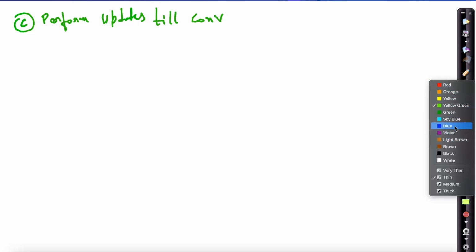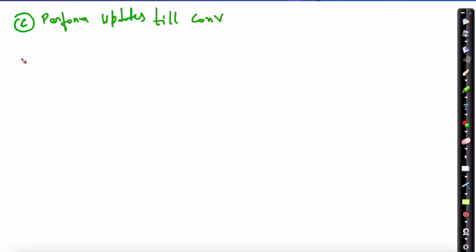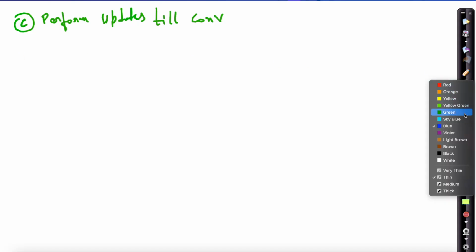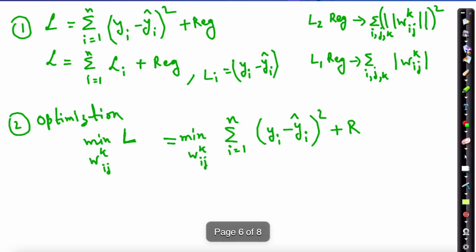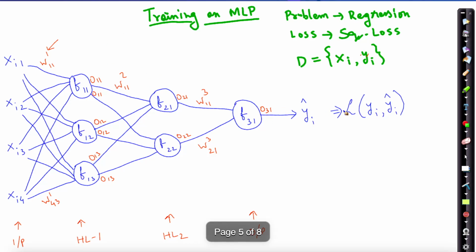Let me look at the picture. See here, loss with respect to what? Let us find this loss with respect to this particular weight, the nearest weight. We'll go step by step. First find out this layer, these weights, next find out these weights, then these weights.